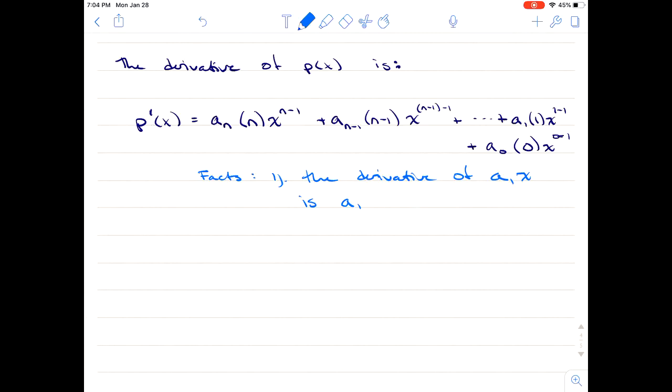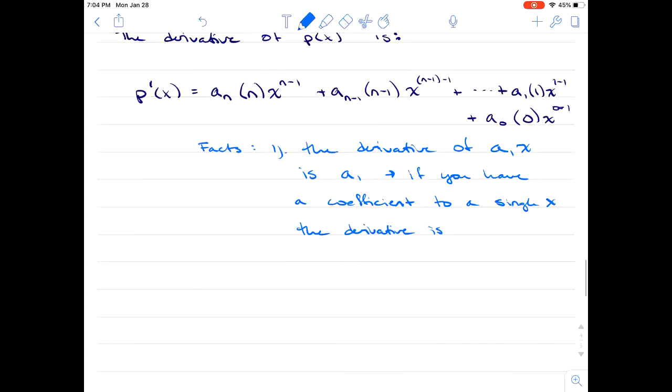So if you've got a coefficient multiplying just an x, the derivative will only leave you with the coefficient. If you have a coefficient times a single x, the derivative is just the coefficient.